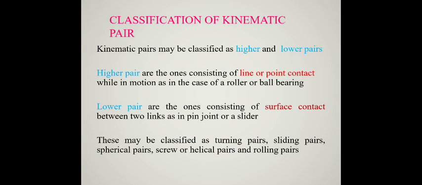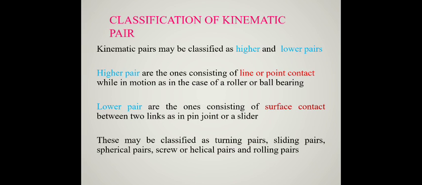Now what is the lower pair? Lower pairs are ones consisting of surface contact between two links, as in a pin joint or a slider, and are called lower pairs. As an example, piston and cylinder, right? The cylinder is one kind of kinematic link and the piston is also a kinematic link, because cylinder and piston have relative motion with each other.